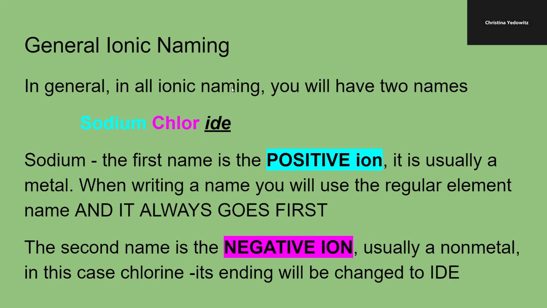The second name in an ionic compound, or the second element in the formula, will be the negative ion. Now, this is based on the idea that opposite ions are going to attract to each other like magnets. So this second name, just like in molecular naming, picked up an -ide ending. So this is going to look very similar for the nonmetals on the second part of an ionic compound.